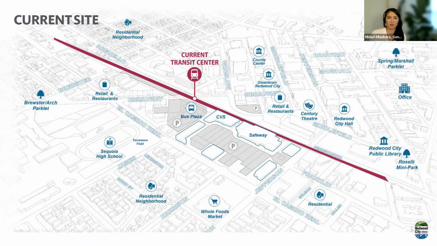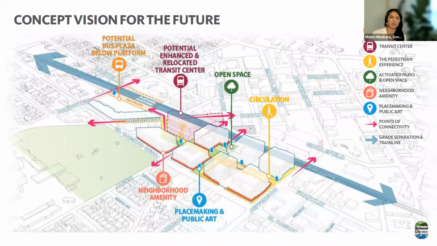But in this concept that we've co-envisioned with you all, it's really a new and vibrant place in which those large parcels of surface parking are reimagined into smaller, more walkable, pedestrian friendly blocks. You can see here the place that used to be one large parking lot is actually now 6 smaller blocks, which makes it a lot easier, a lot more accessible and enjoyable to walk and bike as a pedestrian or bicyclist.